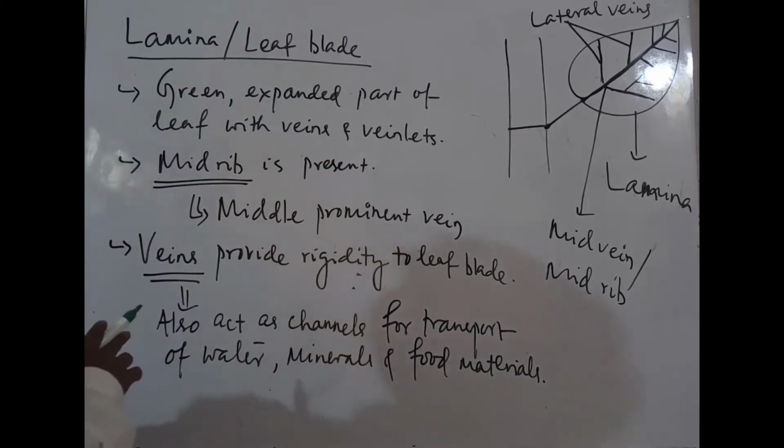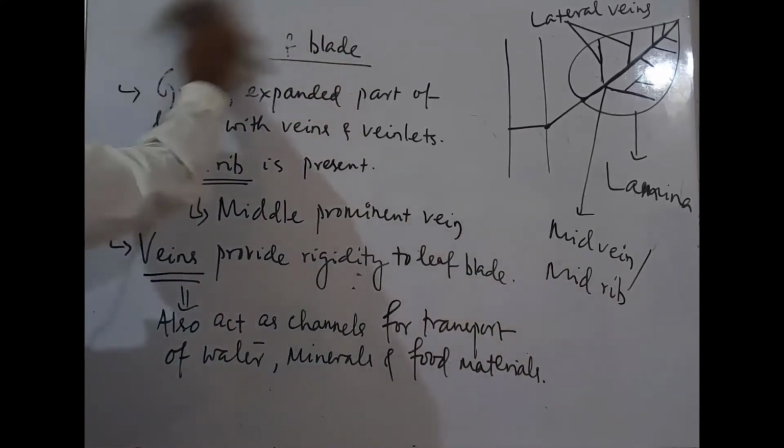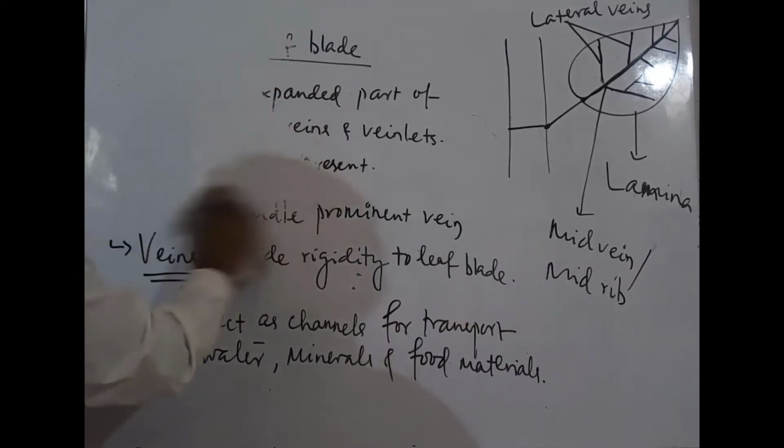So midrib or lateral veins or veinlets, this all has vascular bundles.